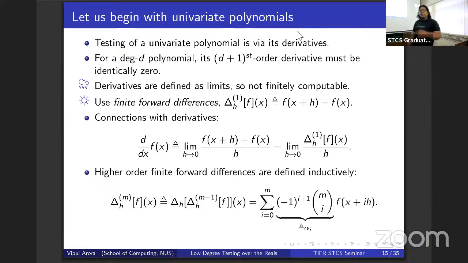Wouldn't you have liked to take the h's to be different? I mean, we are able to show that uniform convergence is sufficient. So if you take different h's, it just becomes a bit too much to manage. You will have a limit of h1 going to 0, limit of h2 going to 0. No, I don't mean in that sense. In the finite world, the AKKLR test, what it does is basically look at a random parallelepiped and take the signed sum of all the function values.